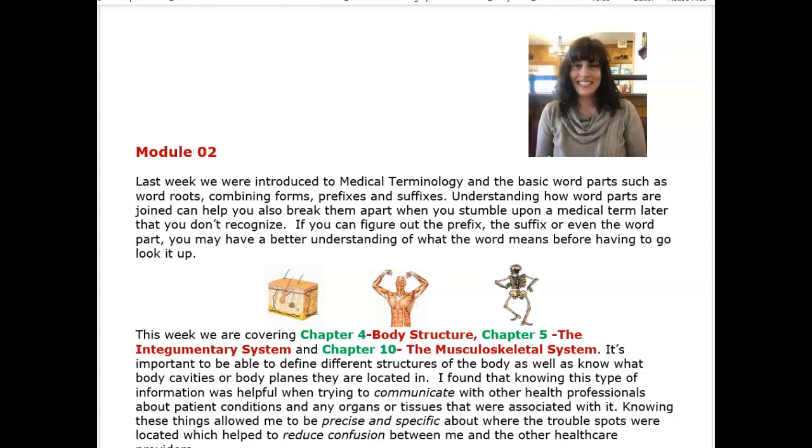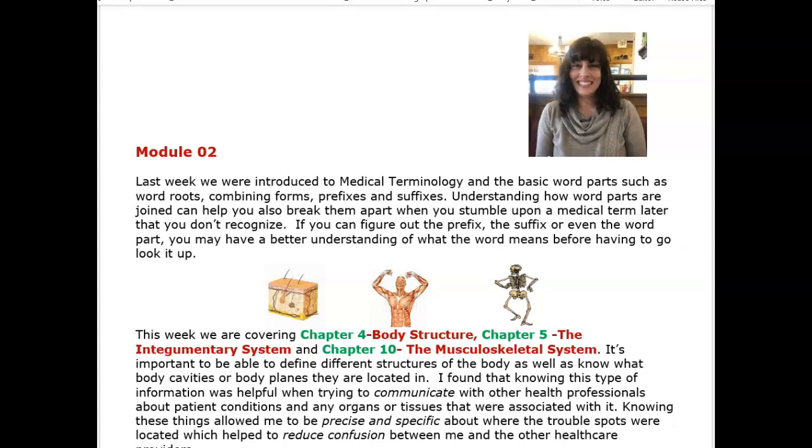Well, this week we are covering Chapter 4, Body Structure, and Chapter 5, the Integumentary System, and also Chapter 10, the Musculoskeletal System. It's important to be able to define structures of the body, as well as know what body cavities or body planes they are located in.